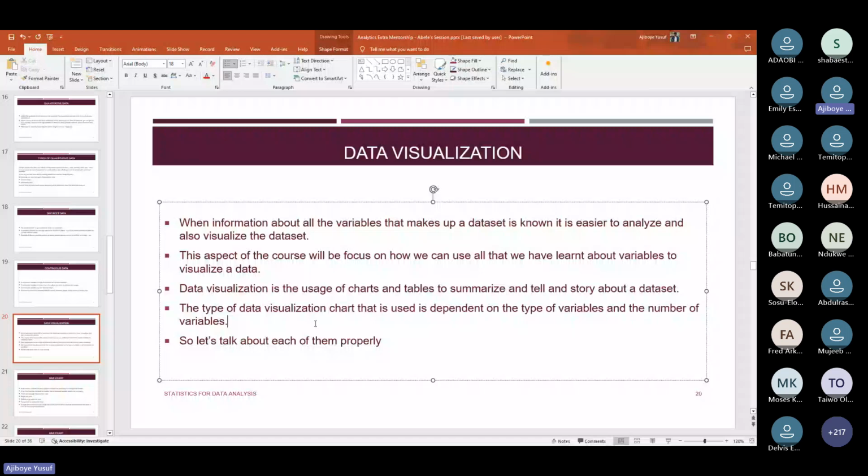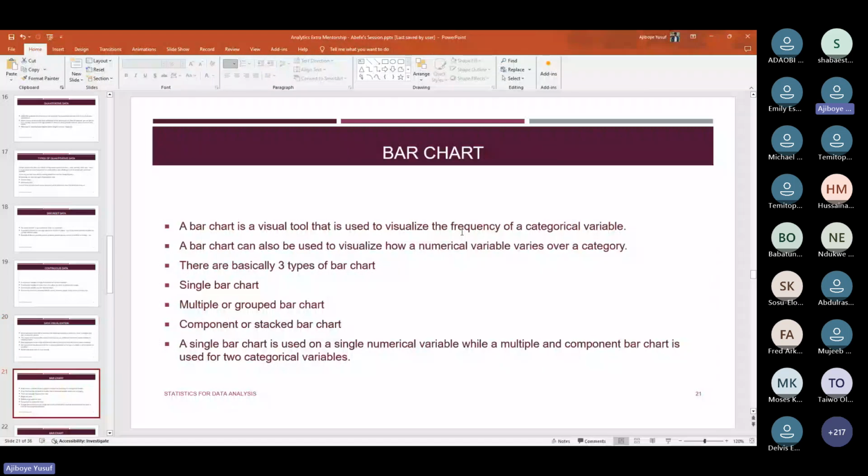So a bar chart is a visual tool that is used to visualize the frequency of a categorical variable. Now, guys, listen. A bar chart can also be used to visualize how a numerical variable varies over a category. What do I mean? Let us take revenue as an example.